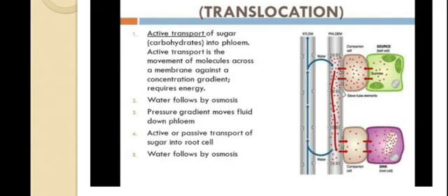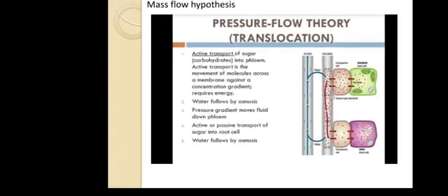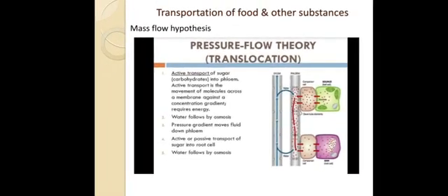Pressure gradient moves fluid down the phloem. So here a pressure gradient is created, too much of a rush of sucrose and water, and it moves down, and then active or passive transport of sugar into the root cell. So it depends whether active or passive transport can take place. Then again water follows by osmosis. So this is an important theory, the mass flow hypothesis.